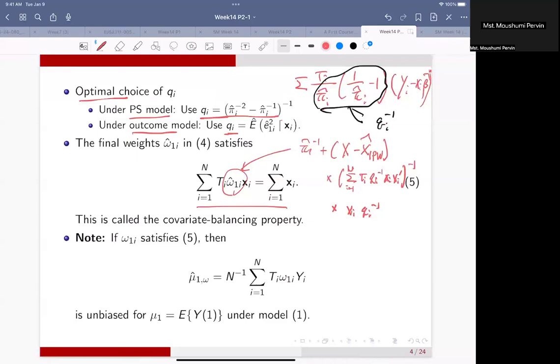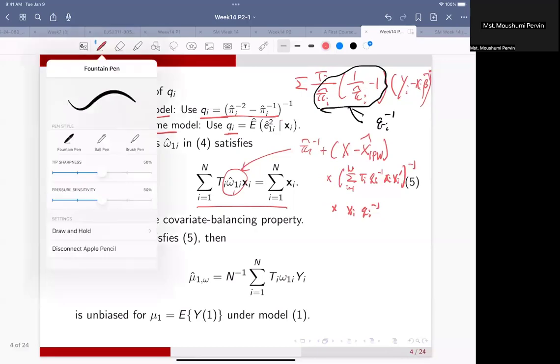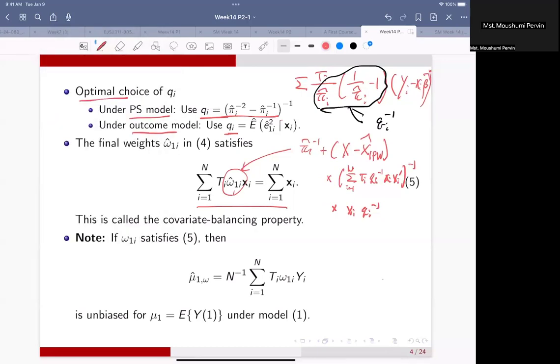If you apply it, you have two terms, right? This one applied here becomes the IPW, which is just the sum from 1 to n of Ti pi i hat inverse xi.